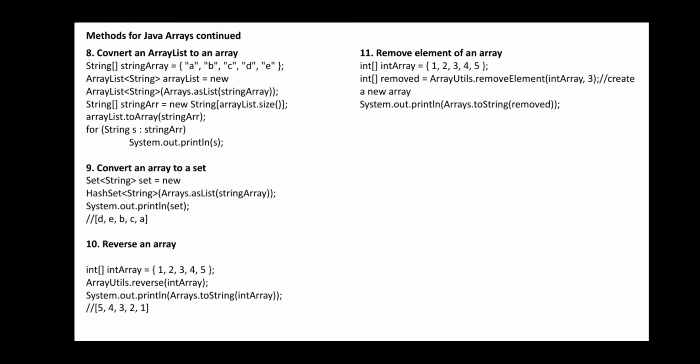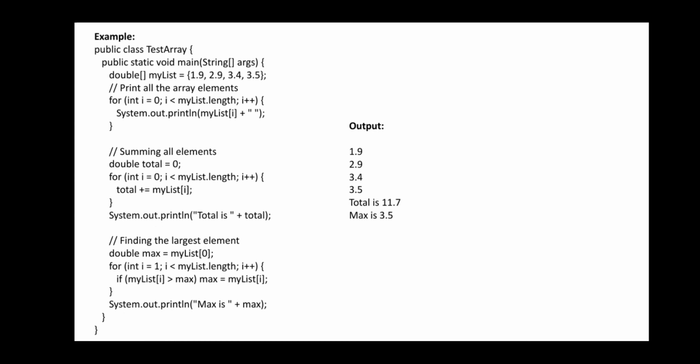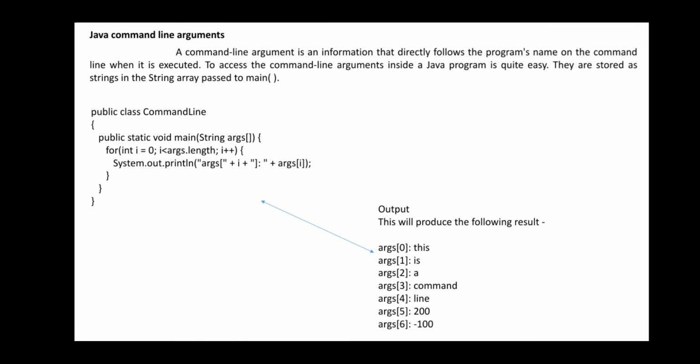So I will be going with the last concept of your first unit. A simple example is there, you can execute that one. The last concept of Java is Java command line arguments, the first unit's last concept. A command line argument is information that directly follows the program name on the command line when it is executed.